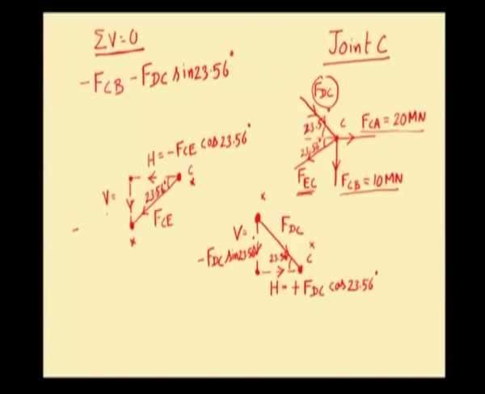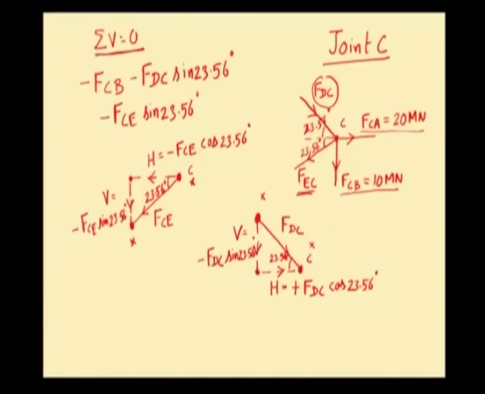Vertical component V with respect to 23.56 degree is the opposite side of the right angle triangle. So, we will have minus FCE into sine of this angle, which is 23.56 degree. Now, we need only the vertical component of FCE, which is minus FCE into sine of 23.56 degree.